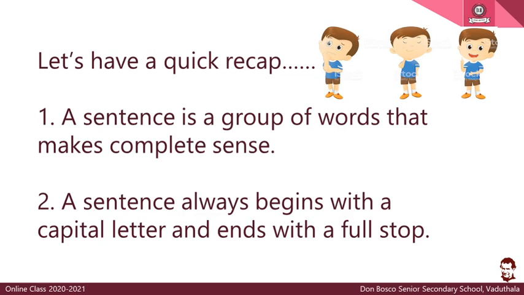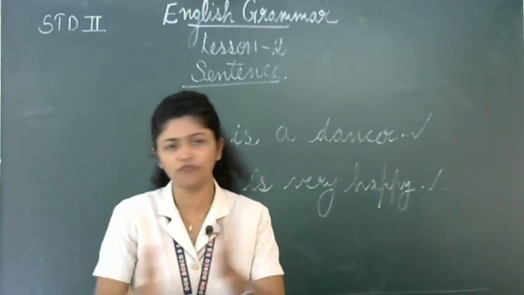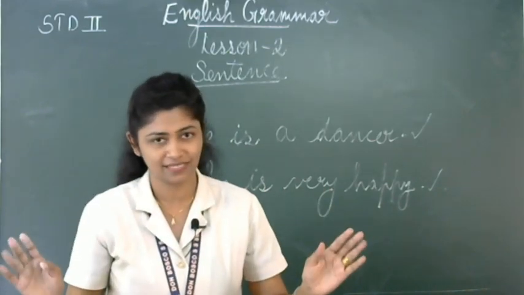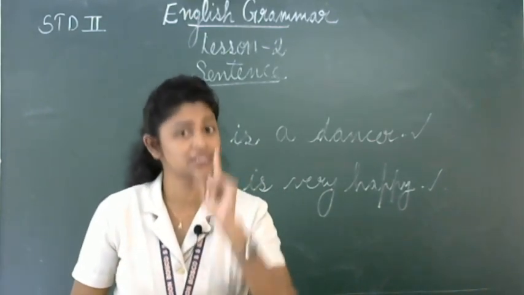Yes, so a sentence is a group of words that makes complete sense. We must be able to understand when you write, when you read and when you speak. A simple group of words will never make a sentence. There should be some sense.